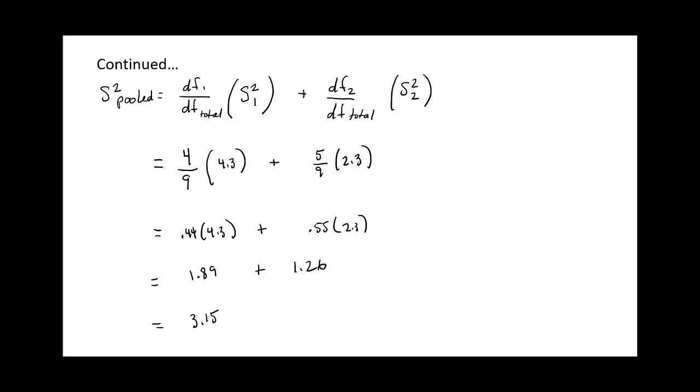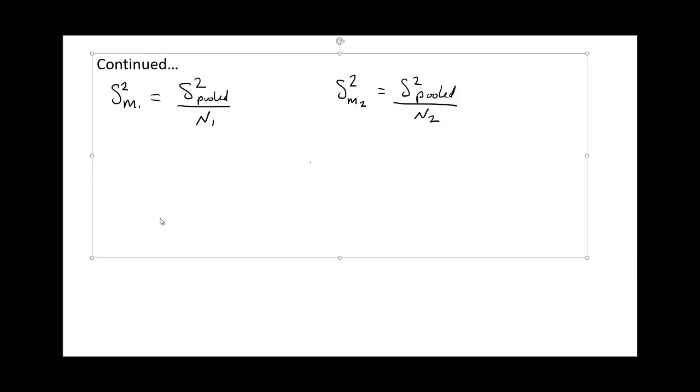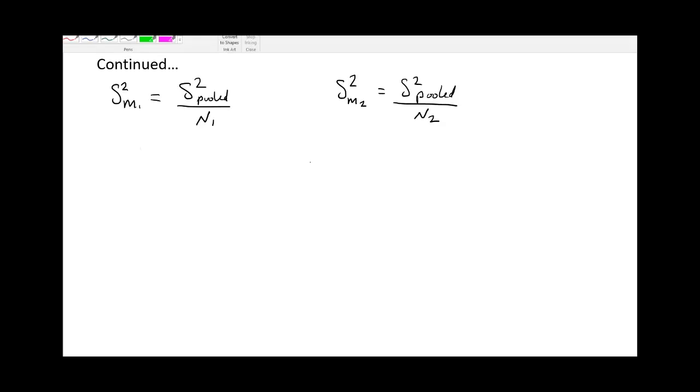Now, once we get the pooled variance, then we can move on and calculate the variance of the distribution of means for each group. So for each group, you're going to have a different estimated population variance of the distribution of means, and we find it by taking the pooled variance that we found from the last step, and for each group dividing it by the number.